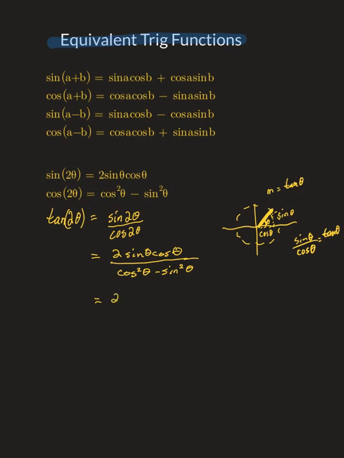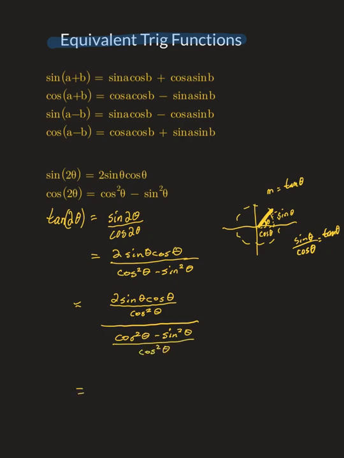So you're going to have 2 sine theta cos theta divided by cos squared theta. As long as we do the same thing to the top and the bottom, then we shouldn't have a problem. And so we get cos squared theta minus sine squared theta all over cos squared theta.